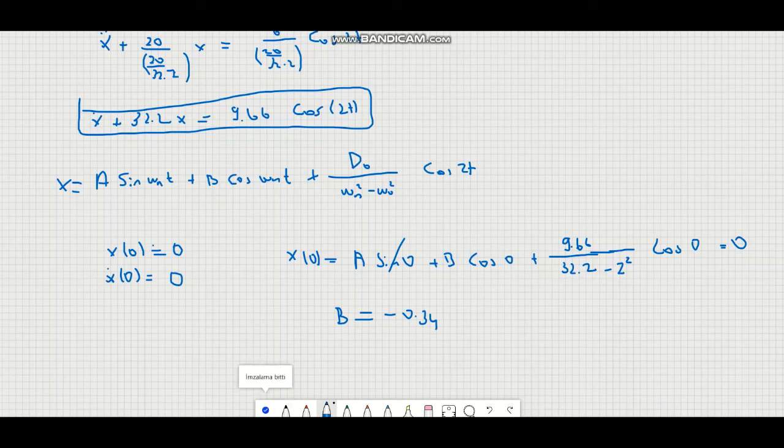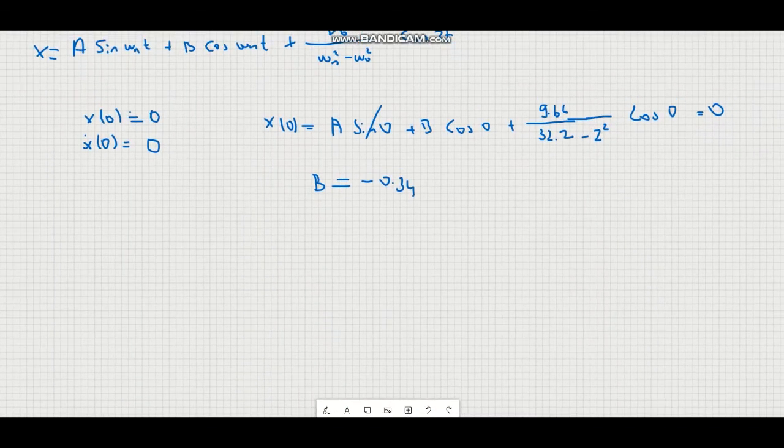Let's calculate A. How are we going to calculate A? We need to use the velocity.